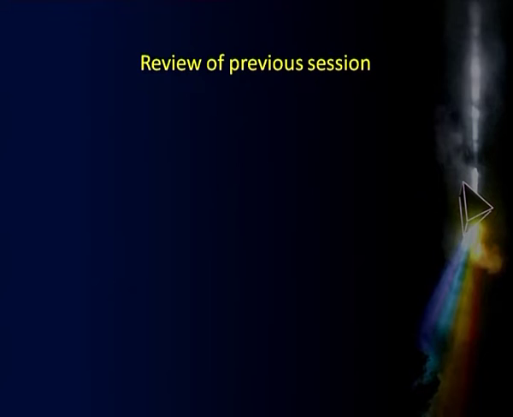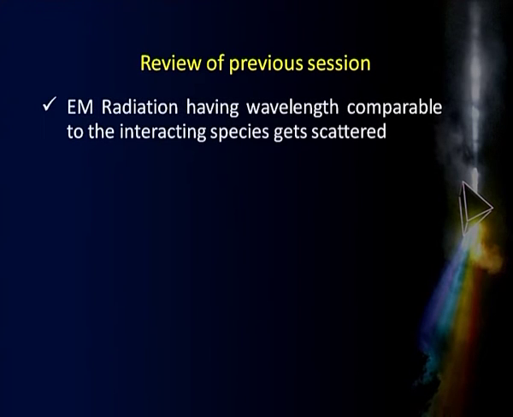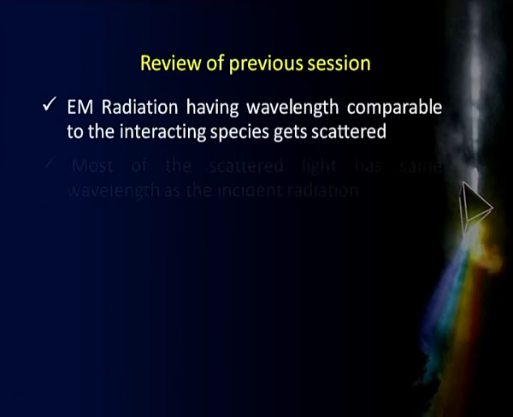Basically, we started with the statement that EM radiation, that is electromagnetic radiation, having wavelengths comparable to the species which is interacting, gets scattered. That means, if the wavelength and the dimensions of the interacting species, the atoms or the molecules, happen to be comparable, then we expect scattering to come into the picture.